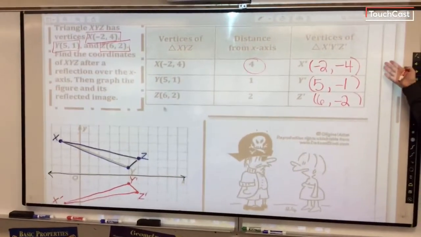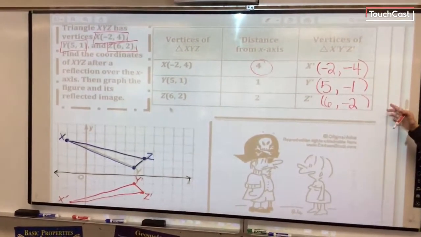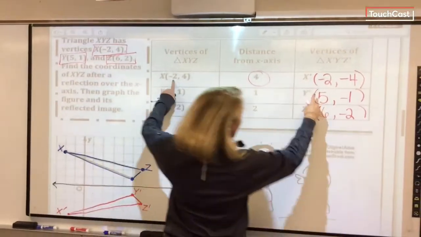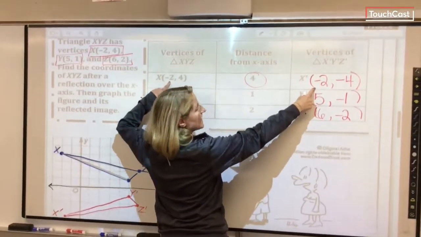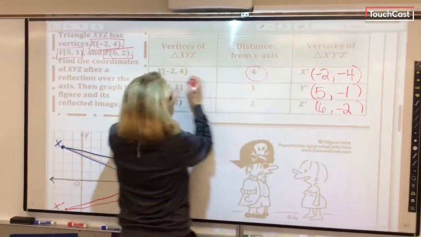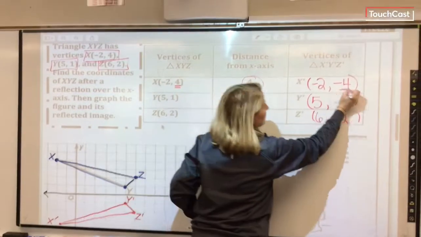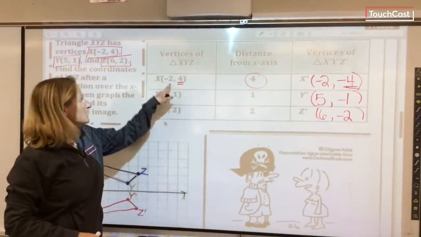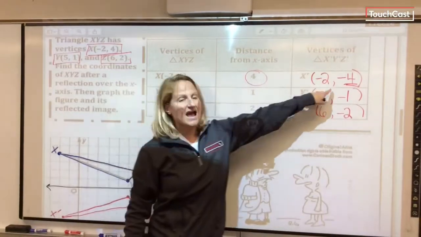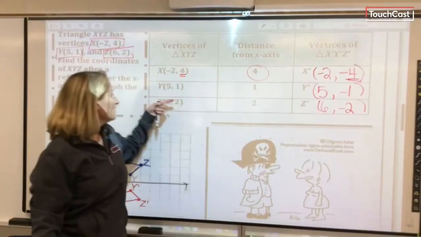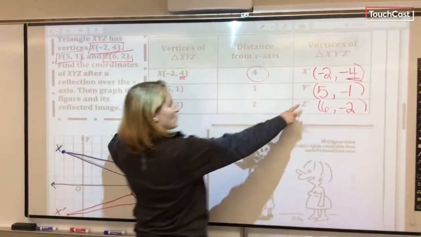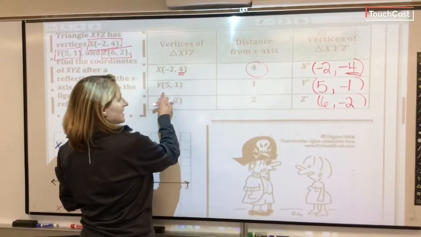Now, if we compare x and x prime, what we notice is our x values are the same. They were both -2. But when we look at the y value, it is opposite. So in x it was 4, and in x prime it's -4. When we look at y and y prime, it's the same thing.